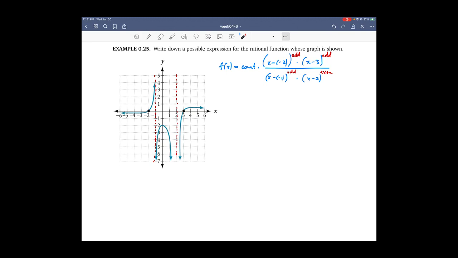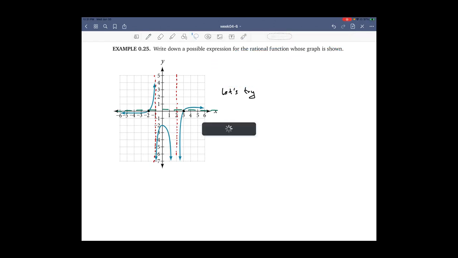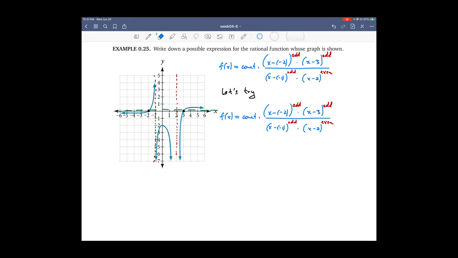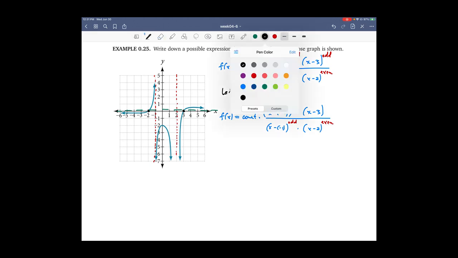And it also looks like the x-axis is a horizontal asymptote. Which means that the degree of the denominator exceeds the degree of the numerator. So let's try to take f in the form where these powers are both 1.